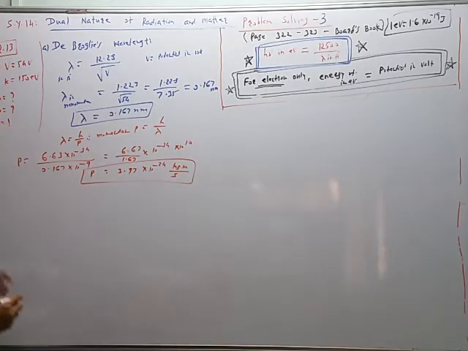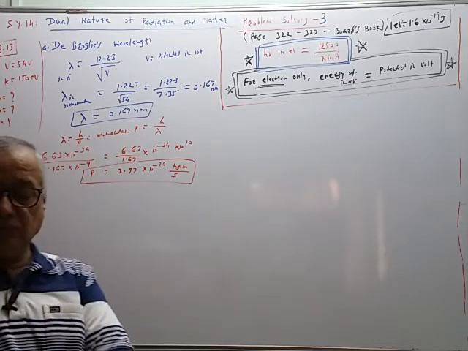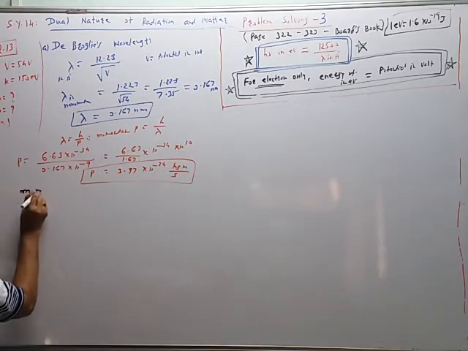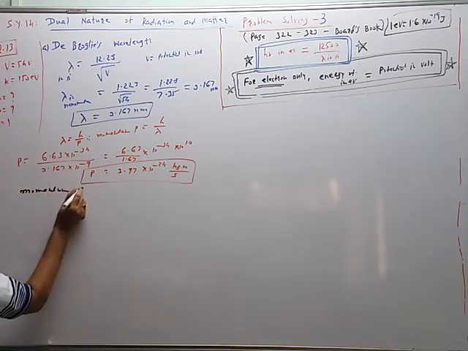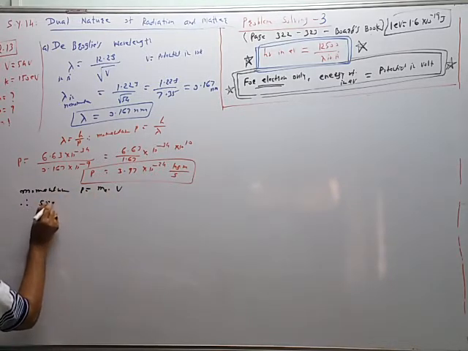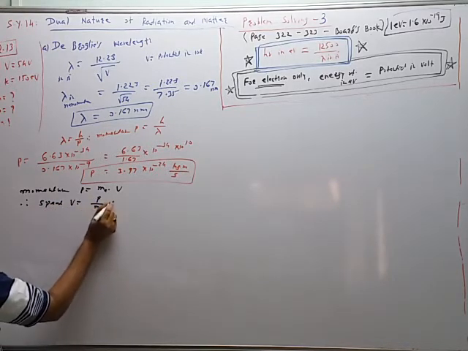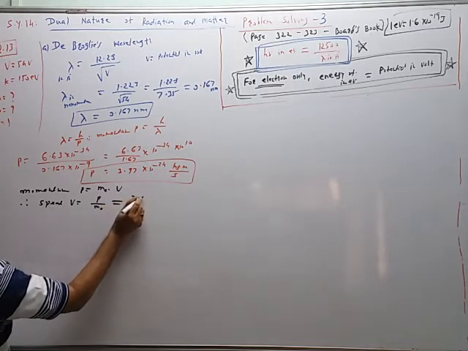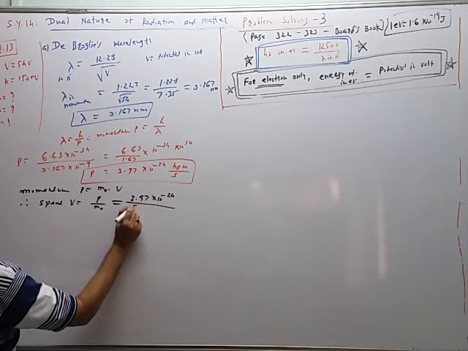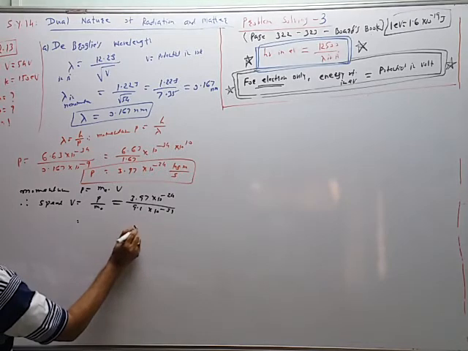Now we have to find the speed. Momentum p is equal to mass of the electron into v. Therefore, speed v is equal to p upon mass of the electron. So 3.97 into 10 raised to minus 24 upon mass of the electron, 9.1 into 10 raised to minus 31. So this minus 31 will become plus.